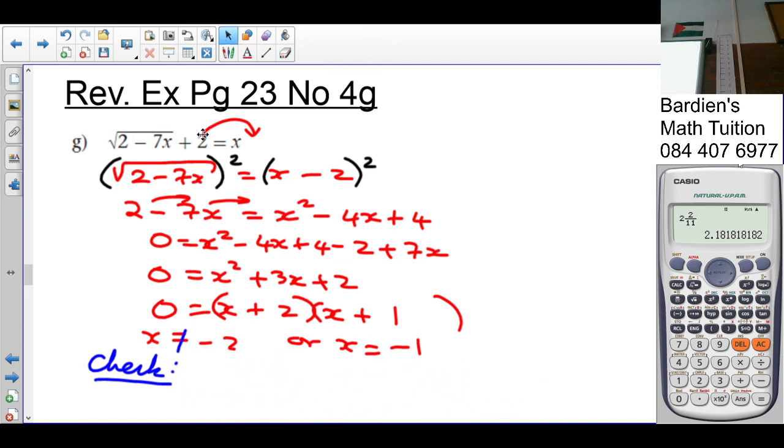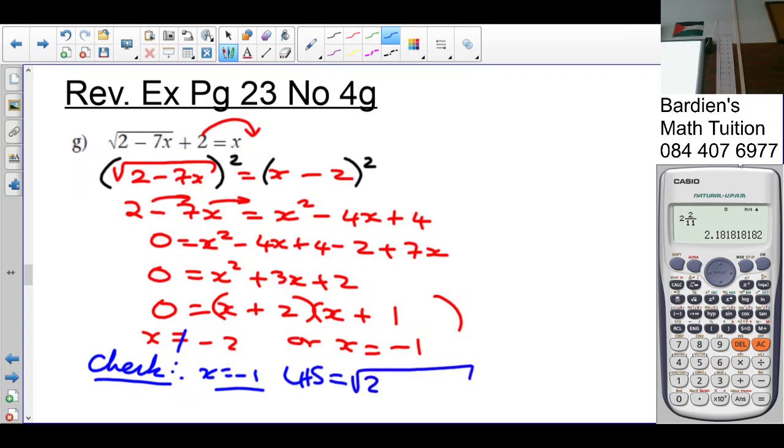Right. Let's look at the next one. We're checking for x equal to negative 1. So we got the left hand side equals the square root of 2 minus 7 times negative 1, plus 2.